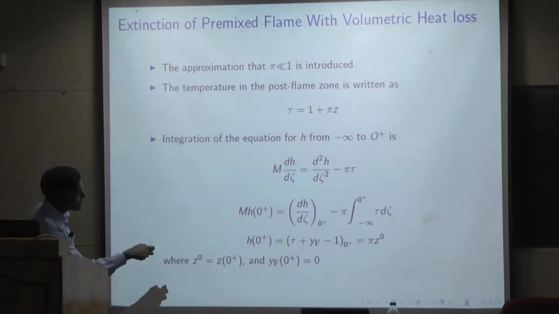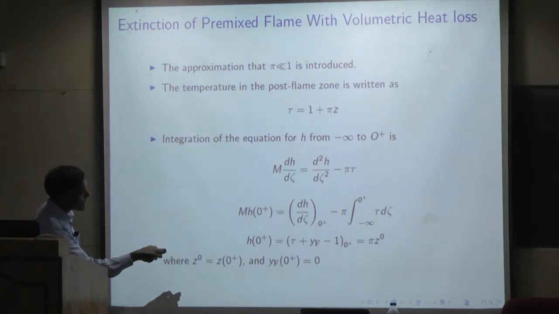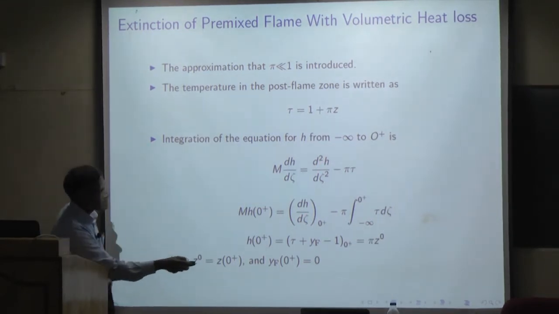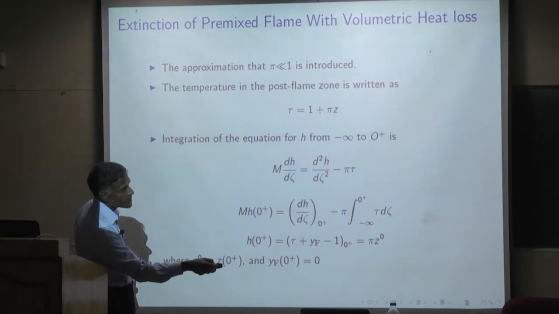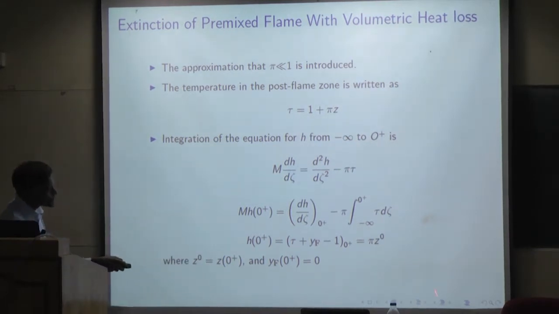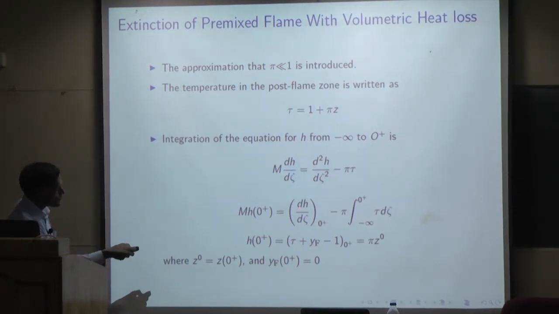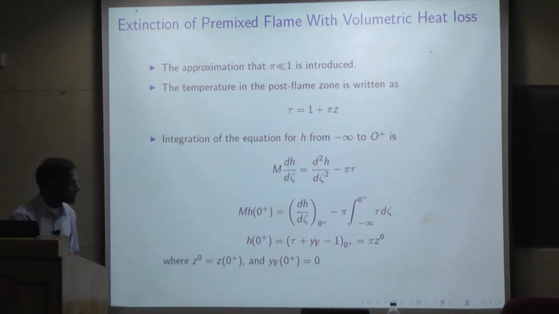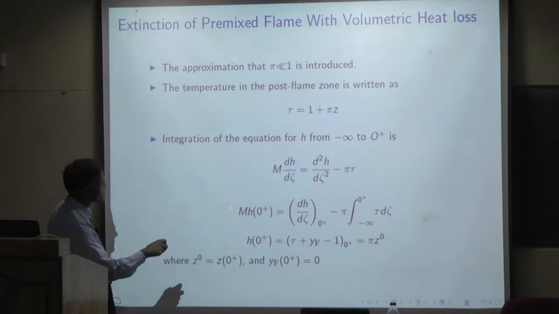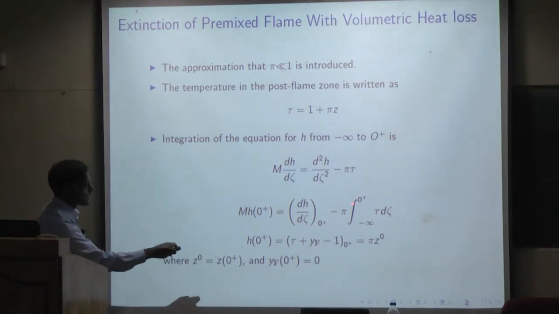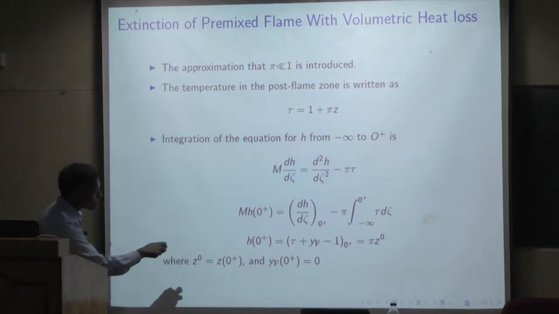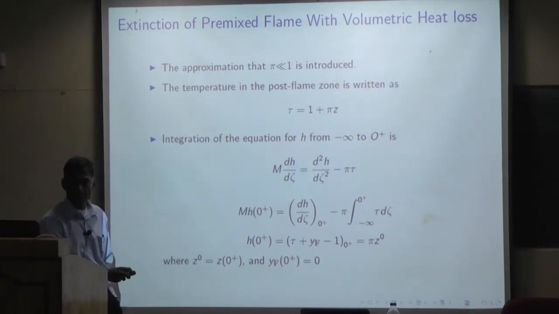Now if you integrate this term, this is the gradient of enthalpy, which is that quantity right behind the flame. And upstream, at minus infinity, this is also 0. And the last term you integrate from minus infinity to 0 plus. The next step is to evaluate each of these terms individually and plug them into that equation.